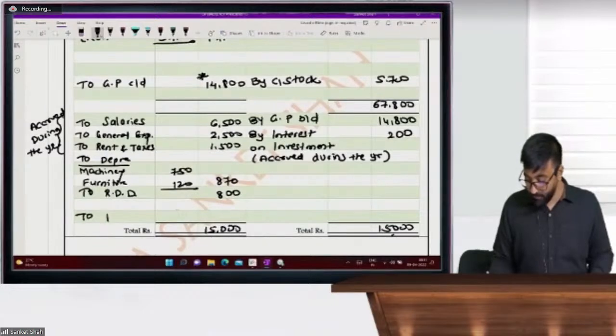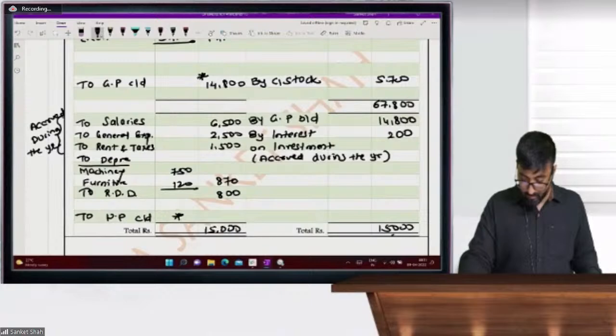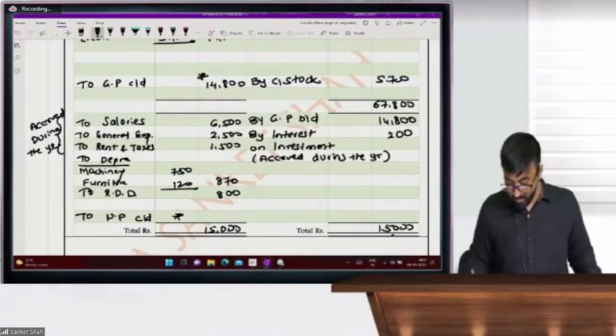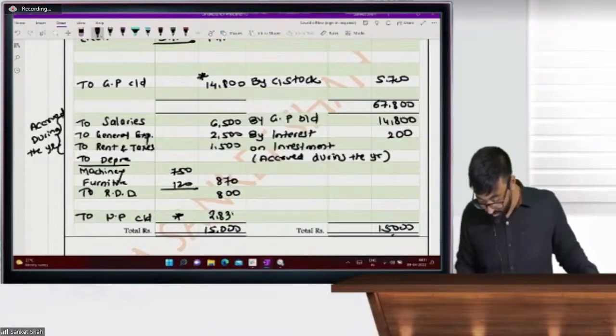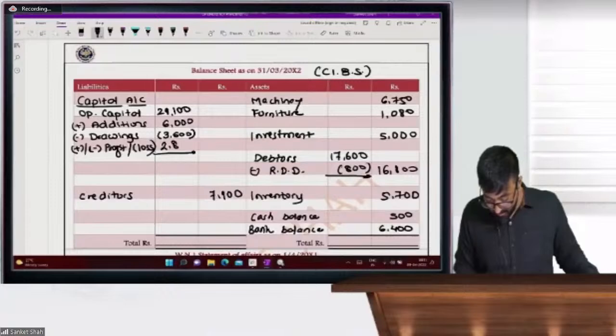To net profit carried down. Where to take it, beta? What is the name? P&L profit, beta? 2,830. And then you will write it in the balance sheet.